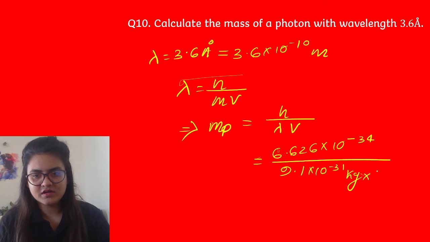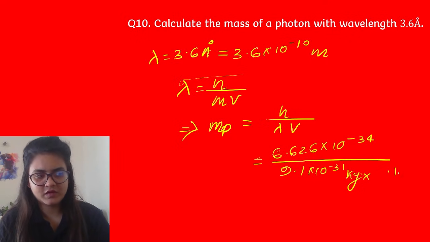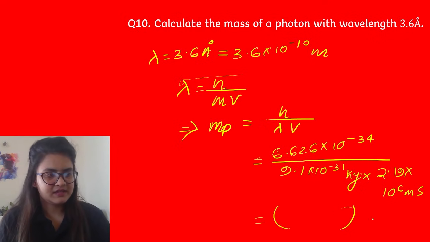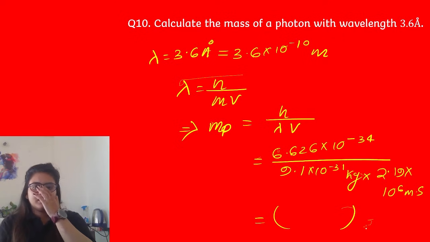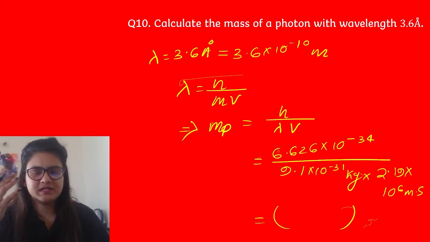Velocity of electron in the first orbit comes up to be something like 2.19 into 10 power 6 meter per second. Now if you calculate the entire thing, I don't have the answer with me, you will get the mass of the photon. You can put the values in the calculator and calculate. I guess it's clear to you.